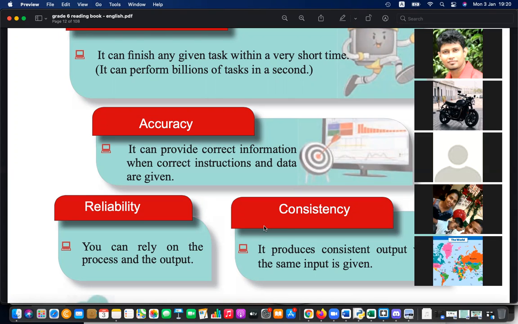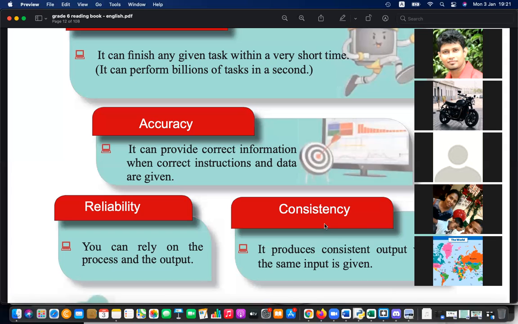Then she will get angry, right? So that is not consistent, her answers. Even your mother cannot produce consistent answers. Time to time, situation to situation, it is different.